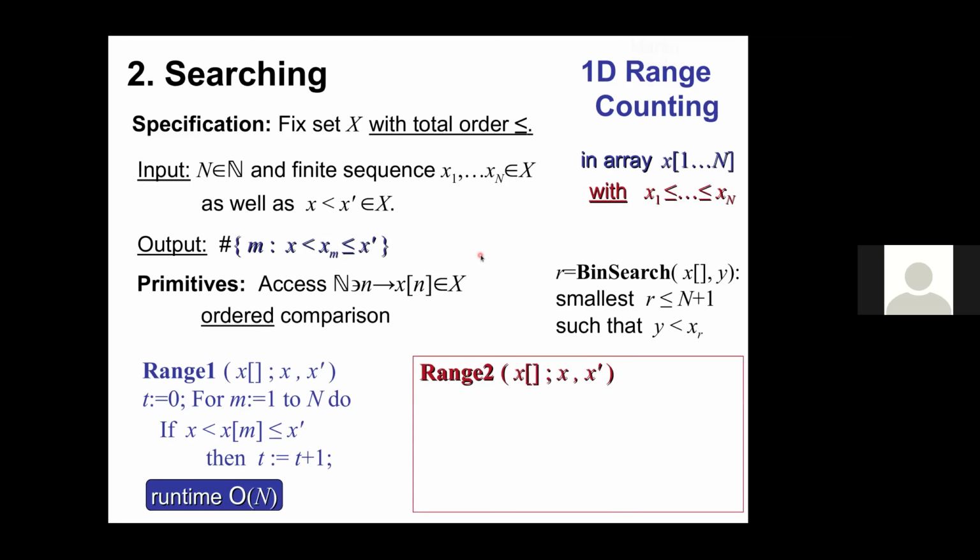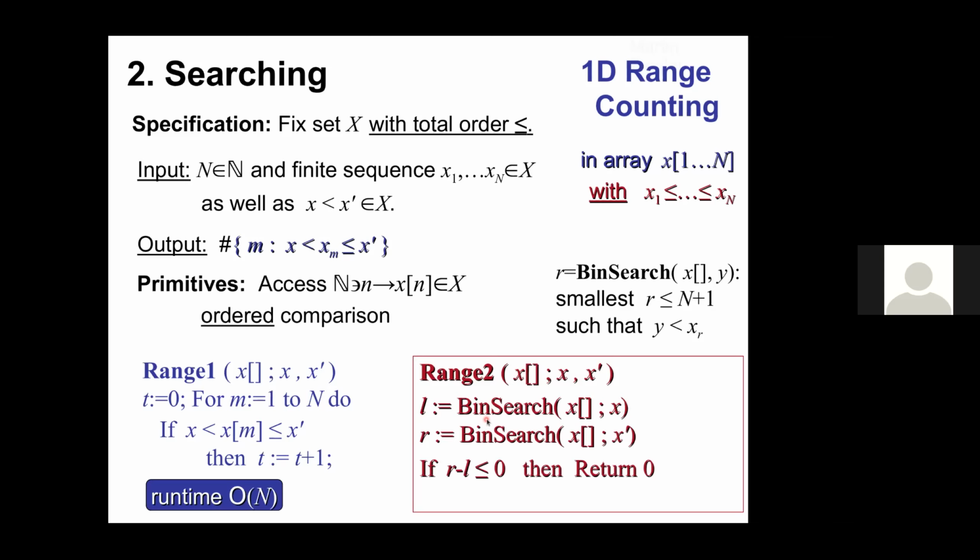What I do is I simply look up the elements x and x prime with this bin search algorithm. I do not necessarily want that x and x prime are among the xn, but the bin search will return me this smallest index r. I do this for x and x prime, and then I simply return r minus l.